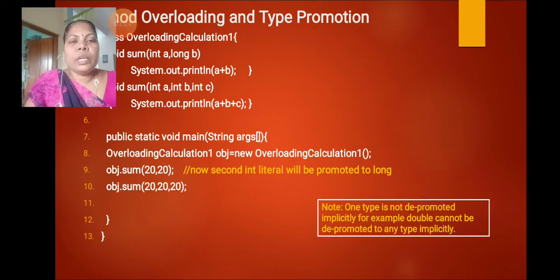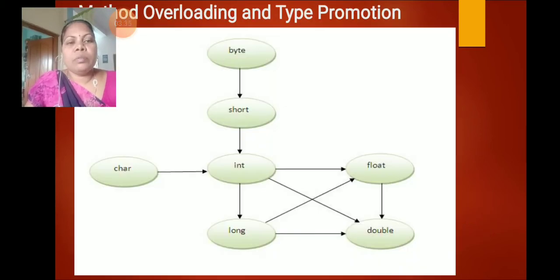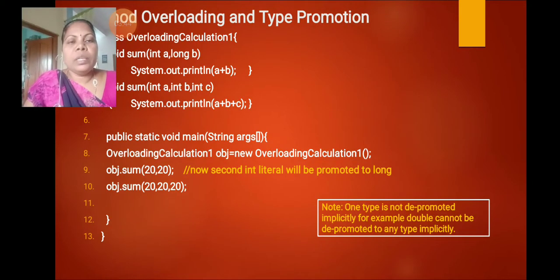Next, one more example I am showing here: class OverloadingCalculation, void sum, int a, long b. In the previous class we showed the int arrow pointing in the direction of long. We take the variables, void sum int a, long b, and System.out.println a plus b, displaying the two parameters in the statement.